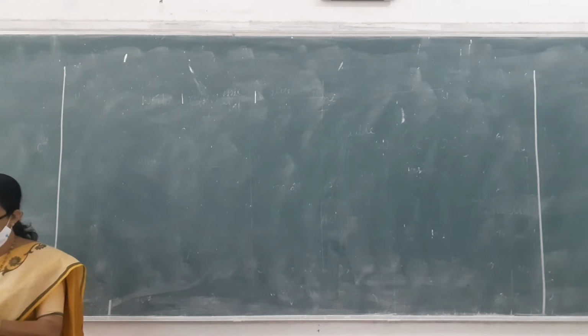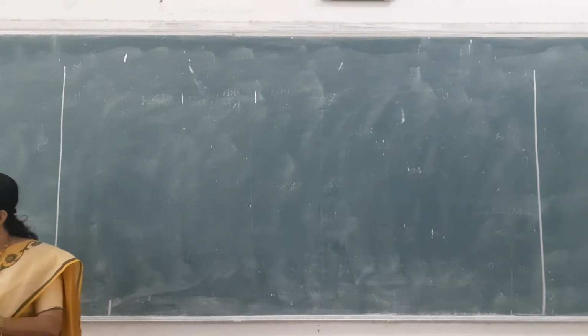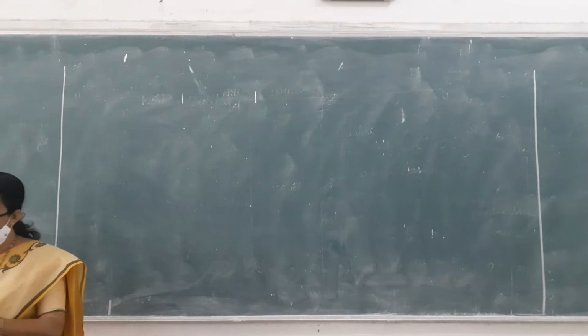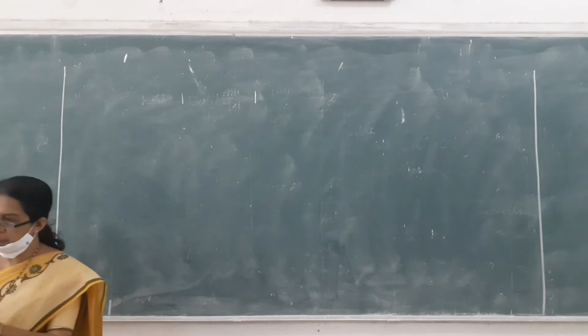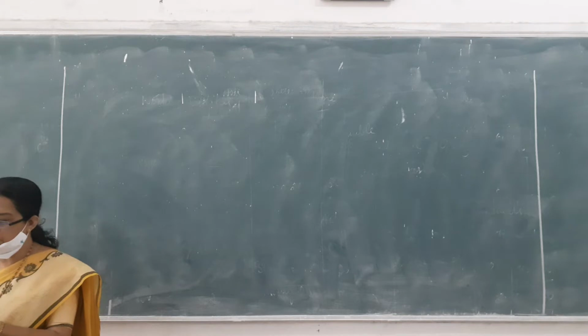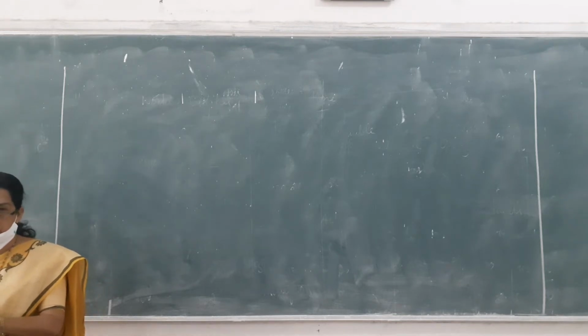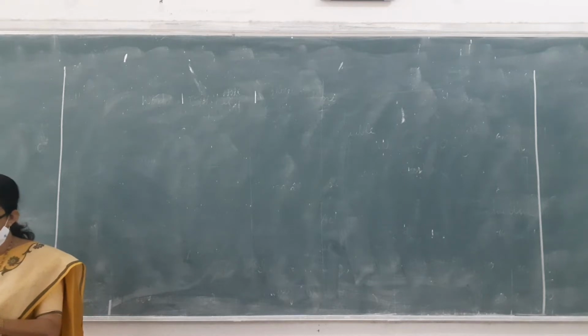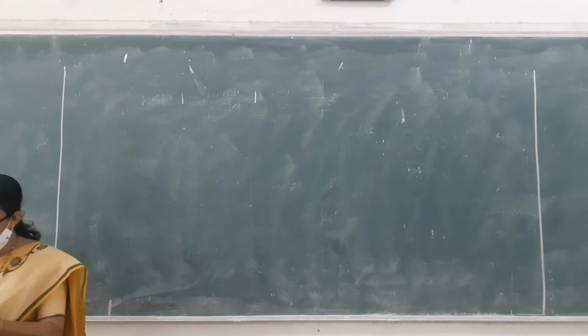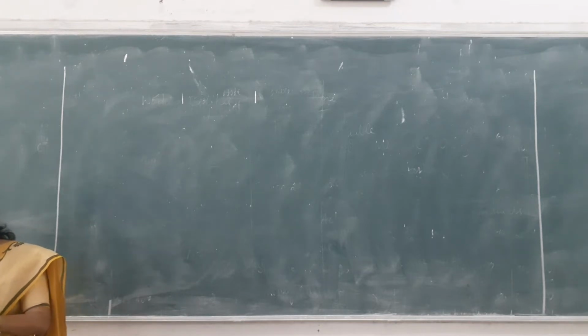First one, basic salary 20,000 per month. Second one, DA, Dearness Allowance, 30% of basic salary.